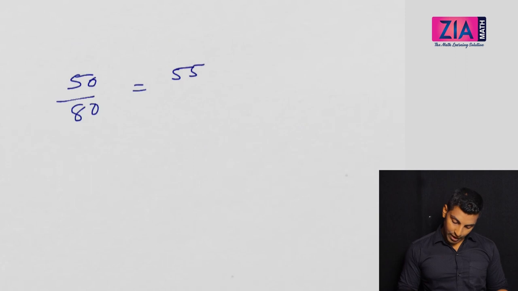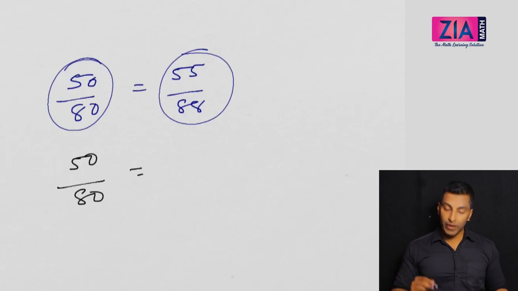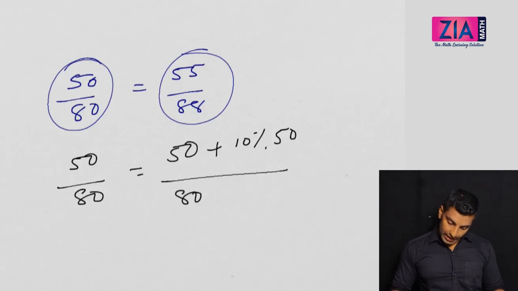Now let's suppose you have 5 by 8, or 50 by 80. Now you have another ratio that is 55 by 88. See, this and this will be the same. The reason is that this is 50 by 80, and 55 is 50 plus 10% of 50, and 88 is 80 plus 10% of 80.